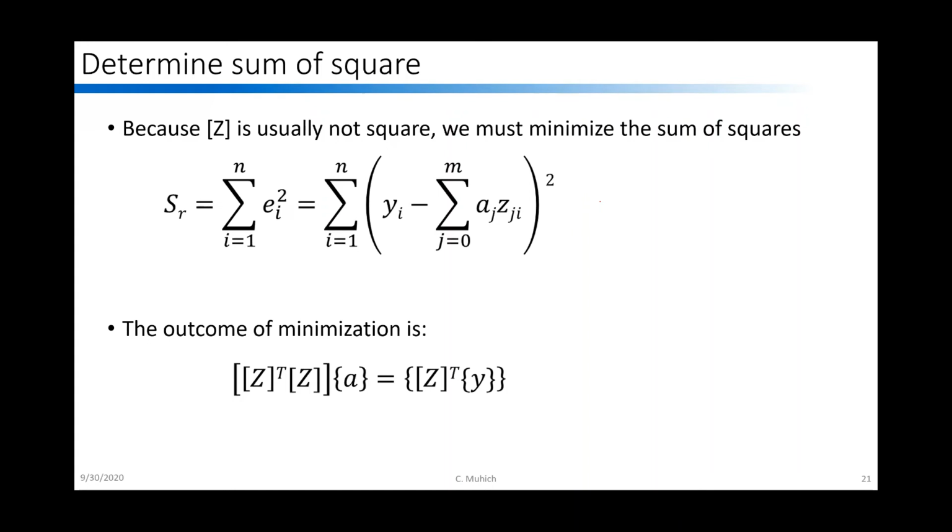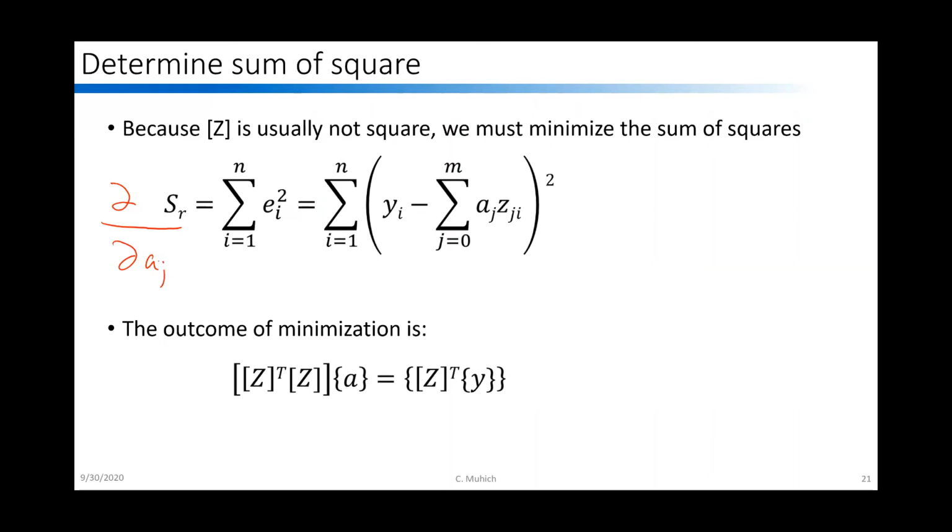But since it's usually not square, we need to minimize the sum of my squared errors. So we need to minimize this equation. So dSR/dai, or I guess here it's aj.